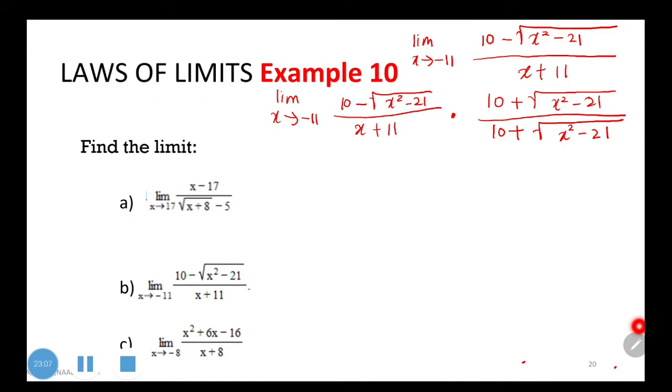Since if you use the lower one, it will result in 0 after a few steps, which I have tried. And also, if you try to directly replace the x square and x here with minus 11, it will also result in 0 over 0, which is undefined.